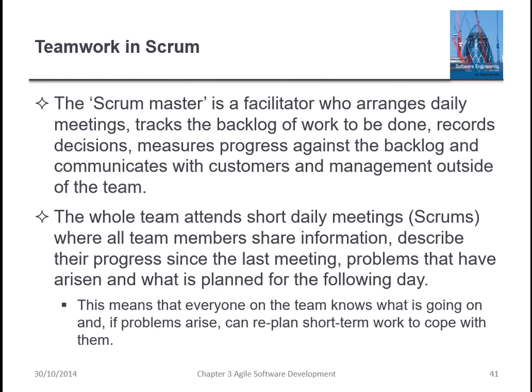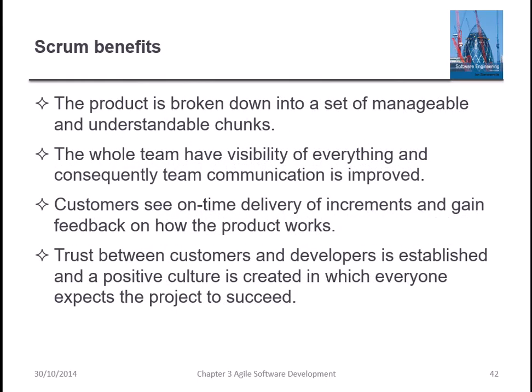The whole team attends short daily meetings, or we can say scrums, where all the team members share information, describe their progress since the last meeting, problems that have arisen, and what is planned for the following day. This means that everyone on the team knows what is going on, and if problems arise, they can replan the short-term work to cope with them.